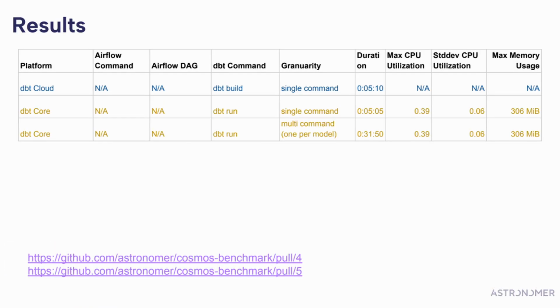When we used the open source dbt Core CLI locally, running everything with a single command, that first example I showed on the left side of the screen, we were able to run at a very similar speed. So the feedback we were receiving from our customers is that running dbt CLI locally is very efficient. It's as good as the commercial offering for this particular pipeline. It also took around 5 minutes.